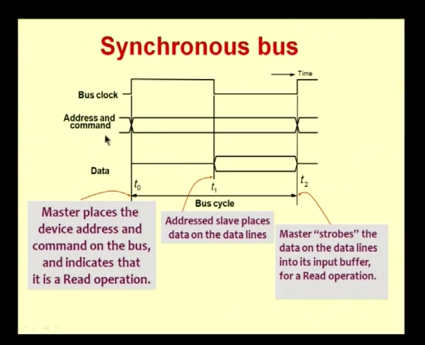Okay. So, for instance, let us say we have a system like this. You have this bus clock and then I have my address and command line signals, and then I have my data signals. The way you could do things on this is you can have the master, the one which is driving the bus, the one which is now sending data onto the bus. Normally, we use this term master and slave with respect to the bus.